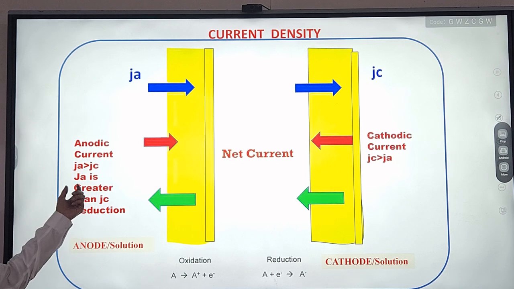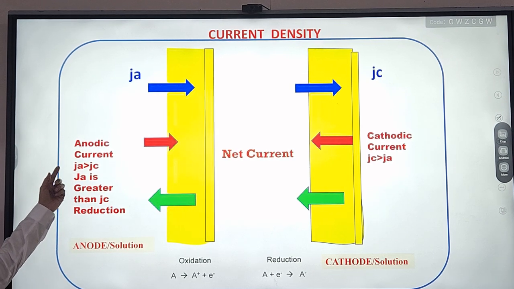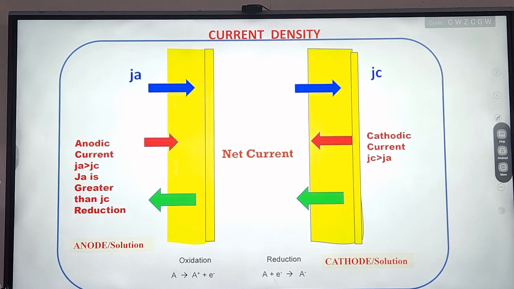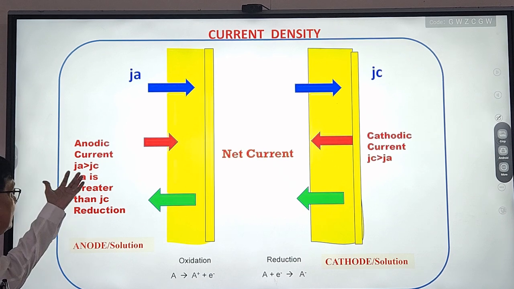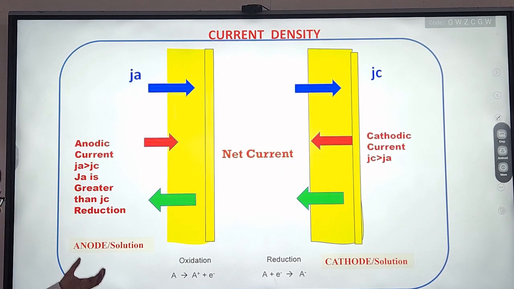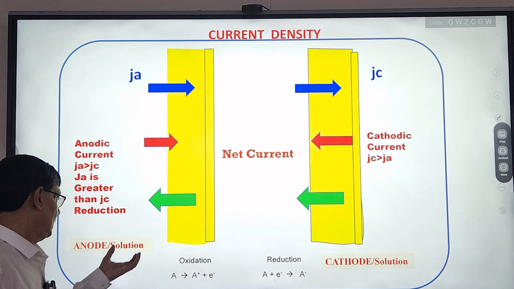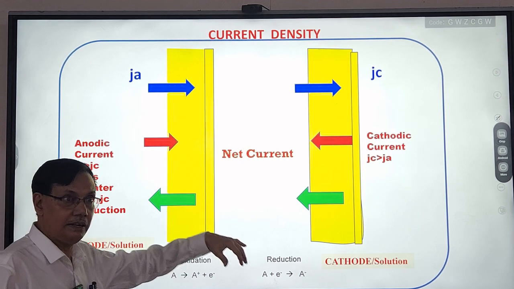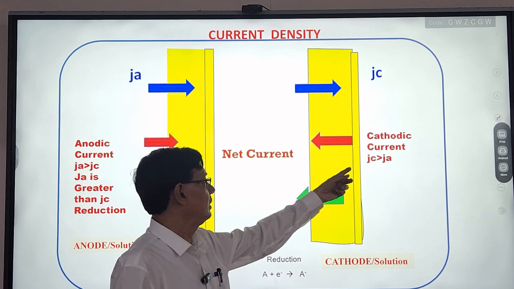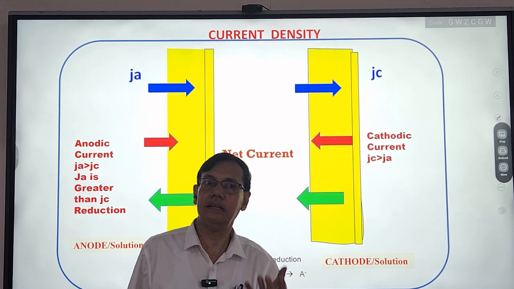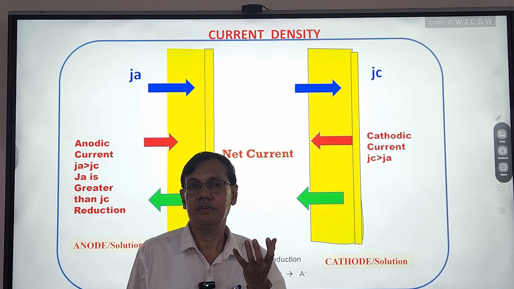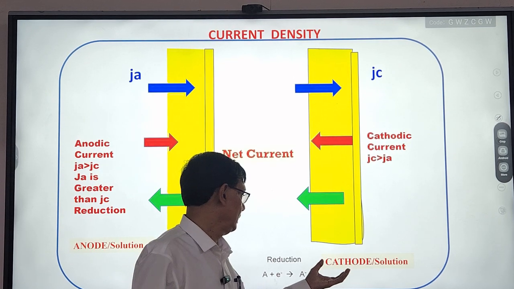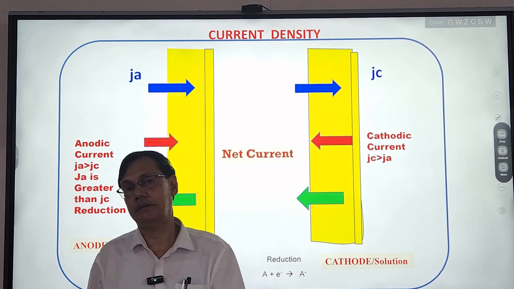If it is an anodic current, naturally the anodic current density is greater than the cathodic current, so the oxidation process dominates. On the contrary, if the cathodic current is greater than the anodic current, then what happens? The cathodic reaction, that means the reduction process, dominates.